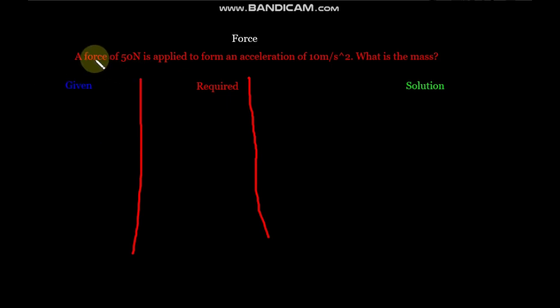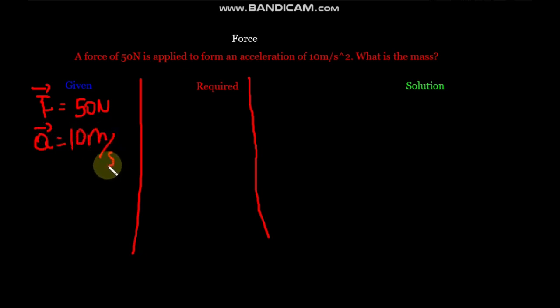The given ones here are the force, F equals 50 Newton, and to form an acceleration of 10 meters per second squared. What is the mass? So m equals how much?